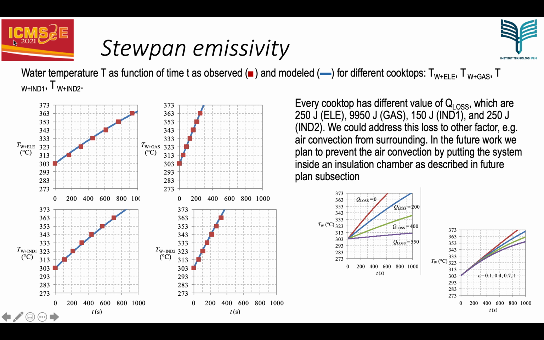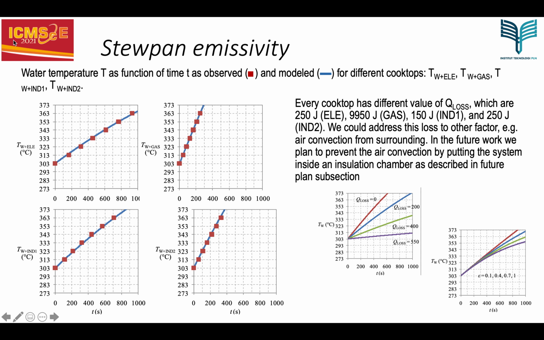Every cooktop has a different value of loss, which are 250 joules for electric, 9,950 joules for gas, 150 joules for induction 1, and 250 joules for induction 2.